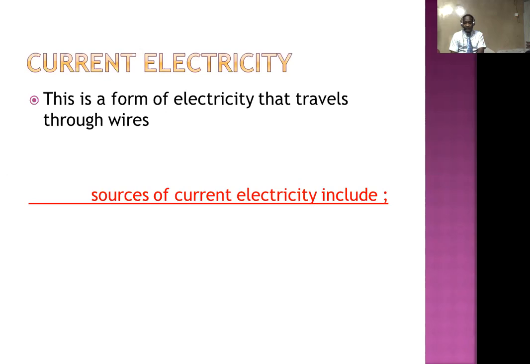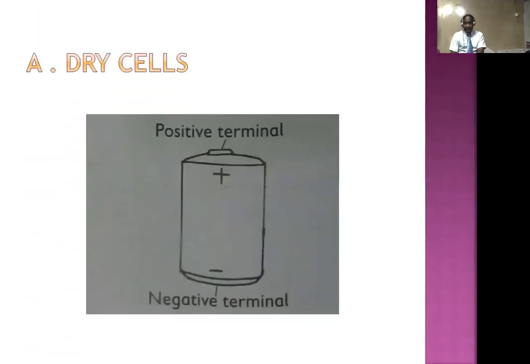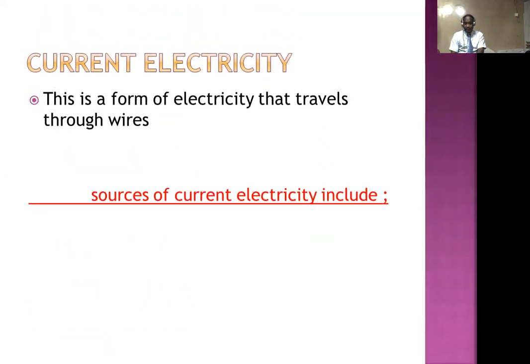Sources of current electricity include dry cells, car batteries, bicycle dynamo, hydroelectric generators, petrol and diesel driven generators, geothermal generators, wind driven turbines, and then solar energy panels.